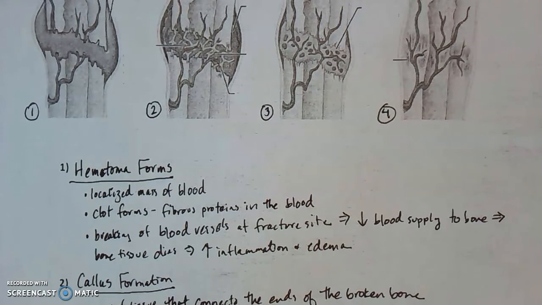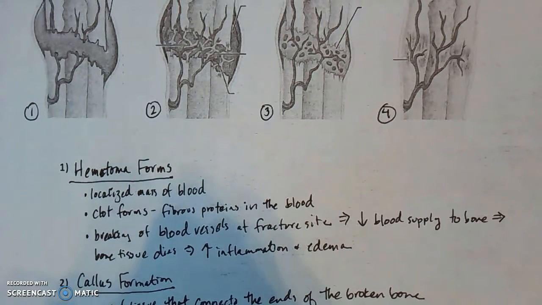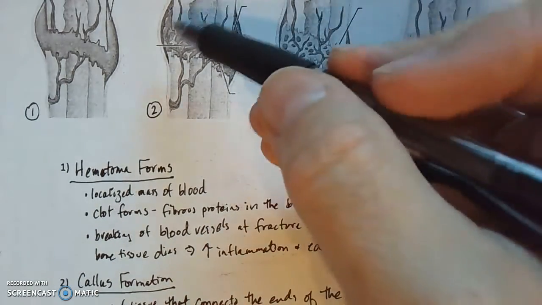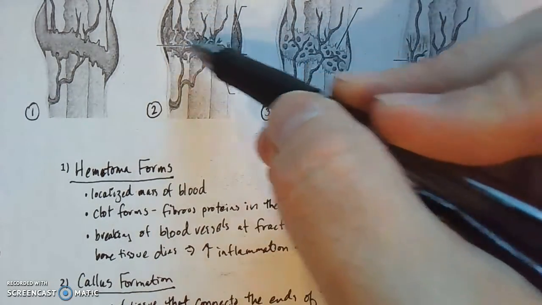And we end up actually with 2 calluses forming. We have an internal and an external. The internal callus is between the bone ends. So in the diagram up here, that's going to be in this area here.